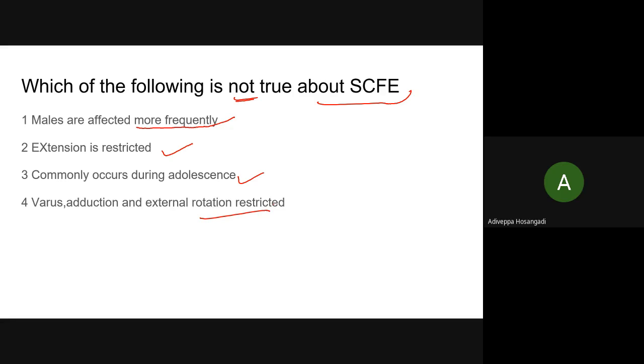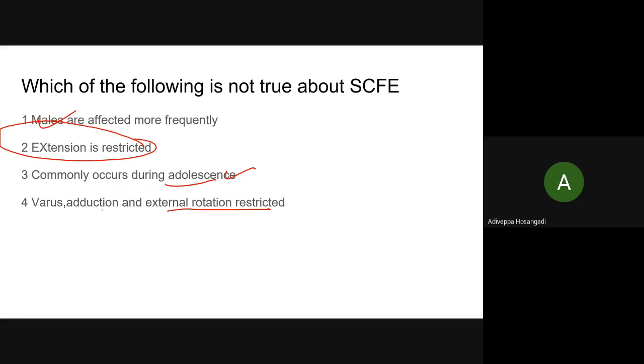Can anybody attempt answering this question? Okay, I will answer this for you. Males are affected, commonly occurs in adolescence, true, varus adduction and external rotation restricted. The answer is extension is restricted, which is false.